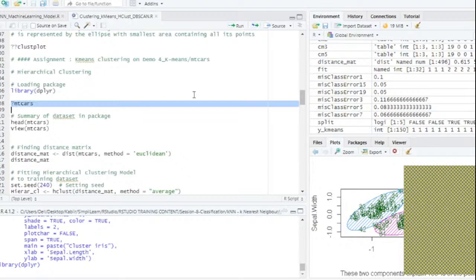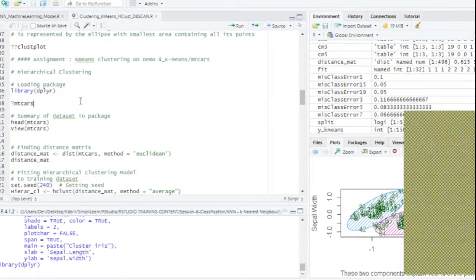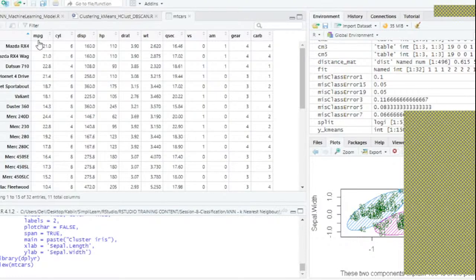We know this data set, right? mtcars, we are aware. It's a data set giving you features and details about different types of cars, 32 different cars, right?